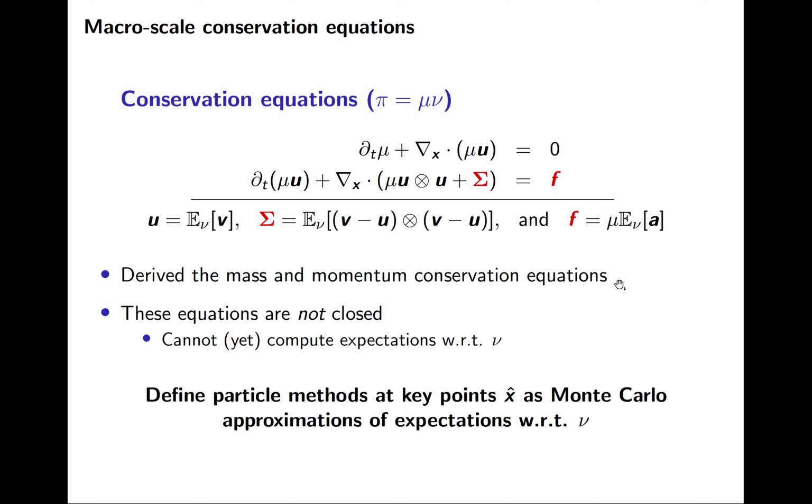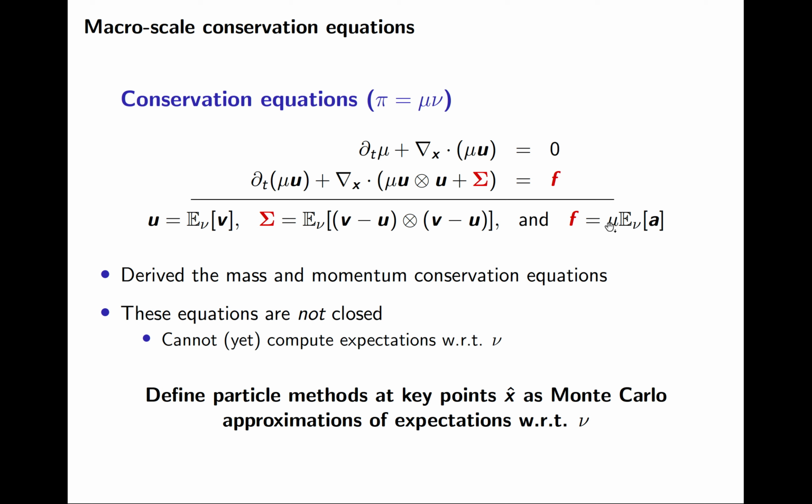So what we've done here is we've derived the mass and momentum conservation equations in the spatial coordinate x. However, these equations are not in closed form, and the reason they're not closed is because we don't know the conditional density nu, which means that we don't actually have a way of computing these expectations, which define this covariance matrix and this forcing function.